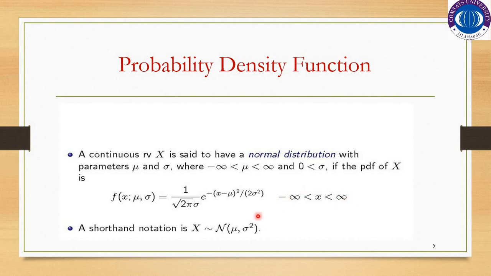In shorthand notation, x follows the normal distribution with mean mu and variance sigma square.